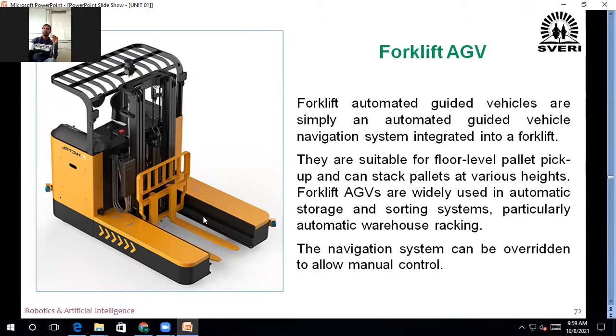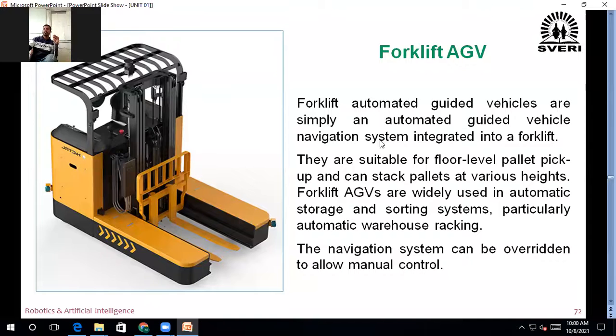Simply you can understand this one. They are suitable for floor level pallet pickup, and can stack pallets at various heights. Means it can be lifted from the ground to some upper level, or down from the upper level to the ground level.